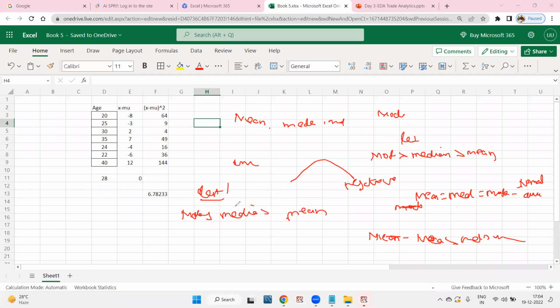But when it comes to right skew, mean is higher than median and mode. So that is about skewness of data.